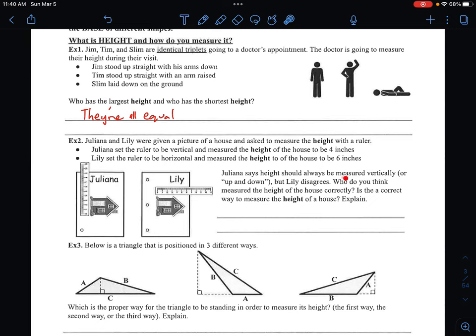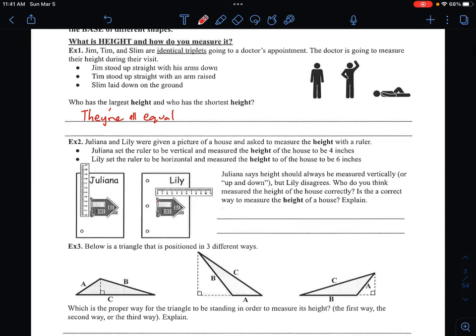Juliana says height should always be measured vertically or up and down. But Lily disagrees. Who do you think measured the height of the house correctly? Is there a correct way to measure the height of the house? Explain it. There is a correct way to measure the house because Lily is correct.